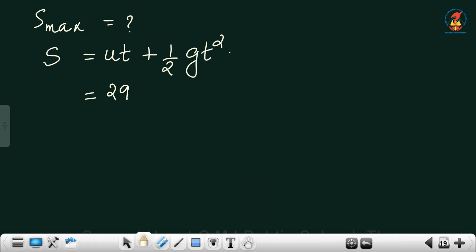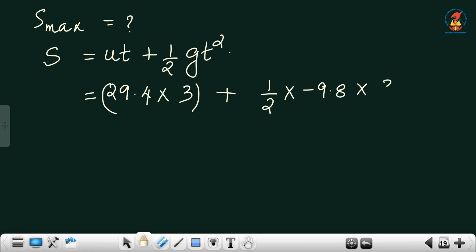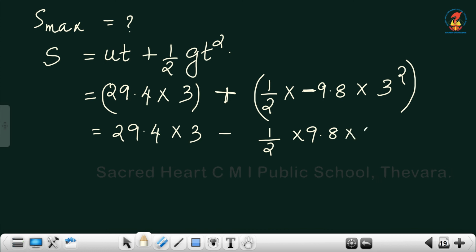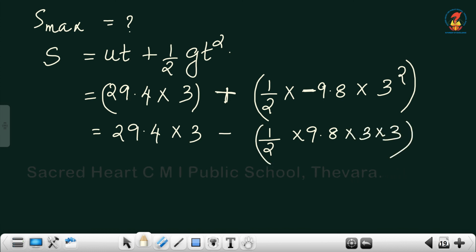So U is 29.4 into 3, the time taken to reach the height, plus half into, since the ball is thrown upwards, G will have a negative value. So G is minus 9.8 into T square, which is 3 square. That is 29.4 into 3 minus half into 9.8 into 3 into 3.